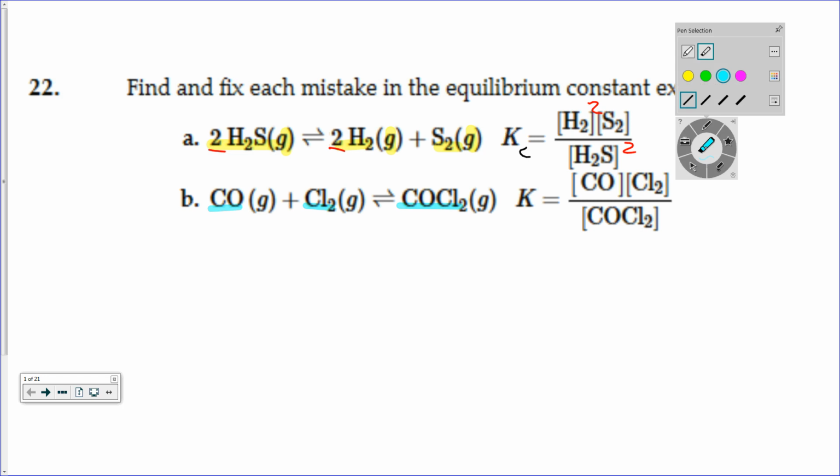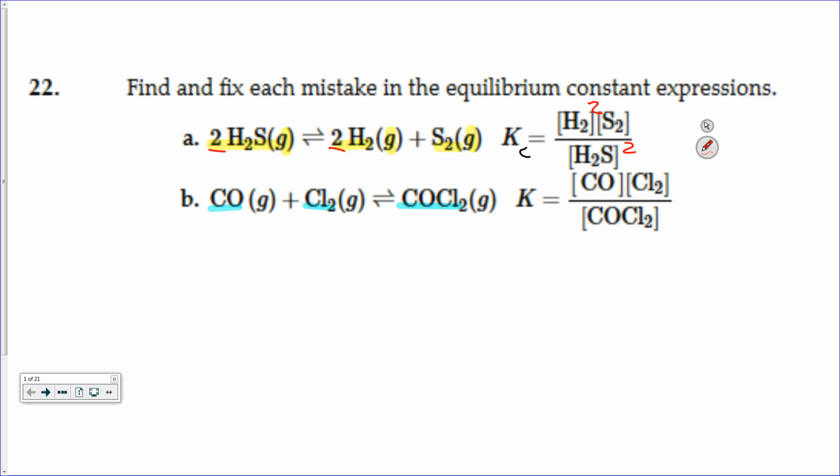So everything needs to be inverted. All right, so we want to cross that out and put the products on top and put the reactants on bottom. So that one's easy enough.